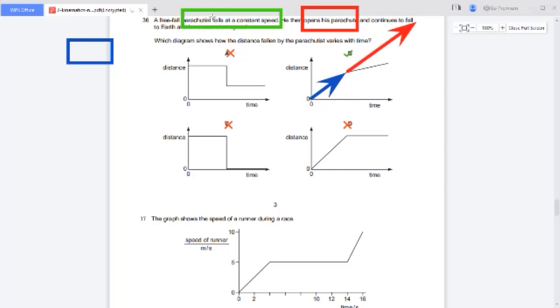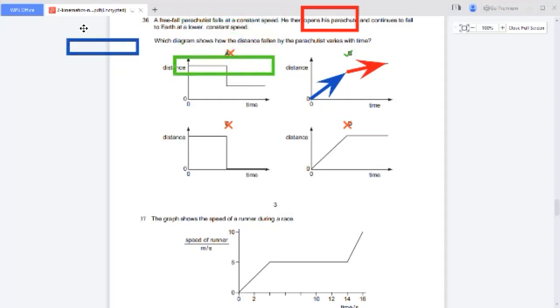Instead of going this way, it has changed like this. It means its gradient is decreased. The gradient of a distance time graph is speed, so speed is decreased. This is given here, the blue one. It falls to earth at a lower constant speed. The blue one is high speed and the red one is lower speed. That's why it is quite similar to the given option.